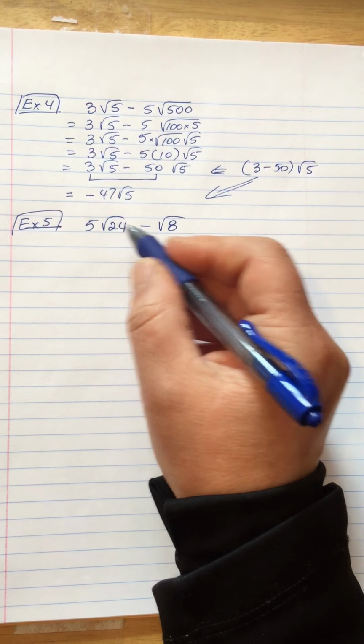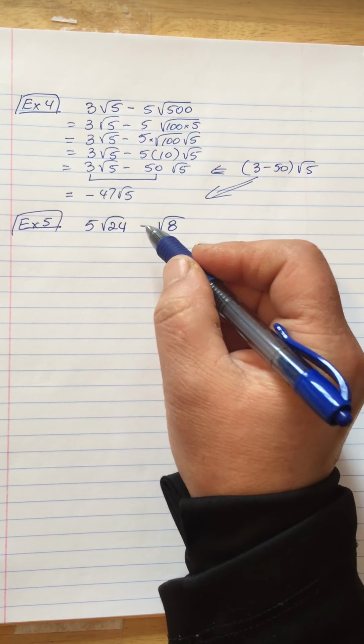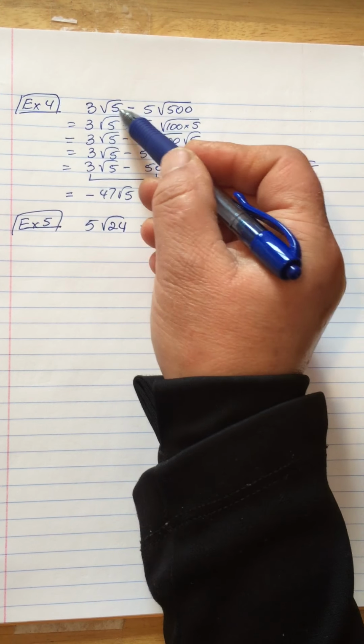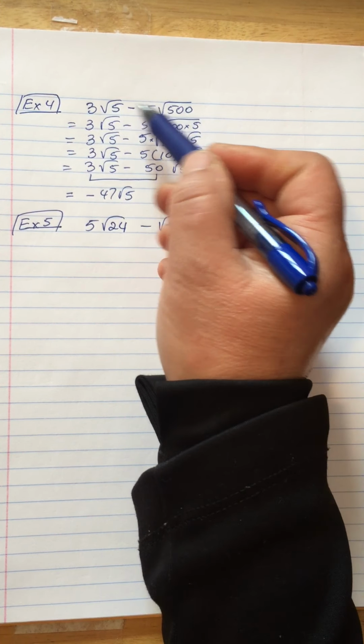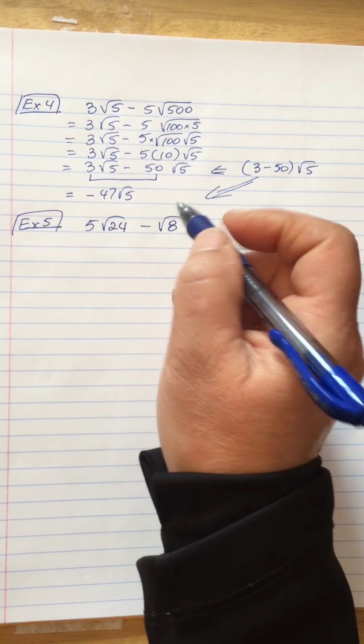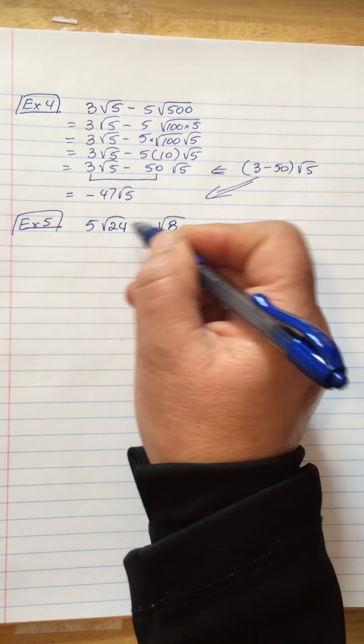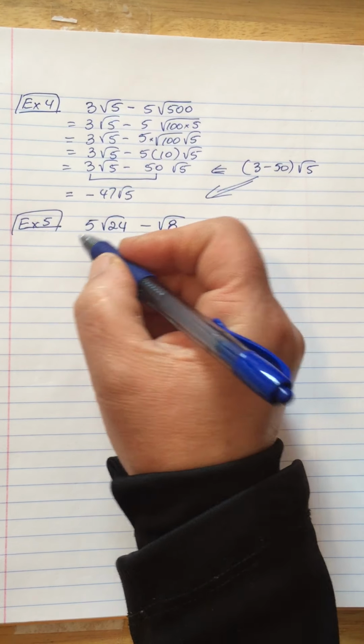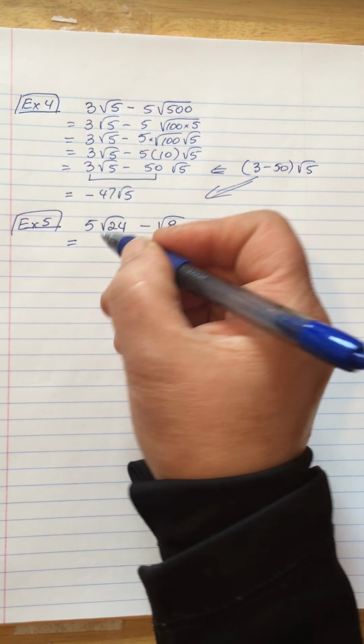So let's continue separately. Let's see later. Sometimes we can see easily when we see the first problem, but now let's work. We know that we can simplify 24 and 8. Let's see if we can combine later.